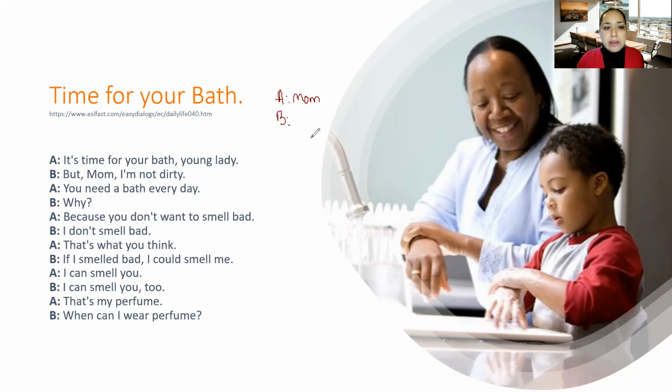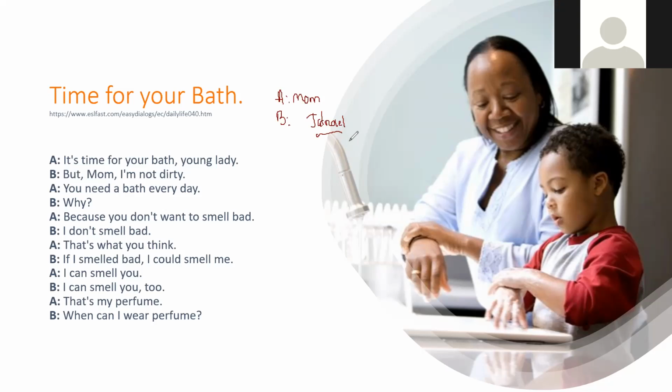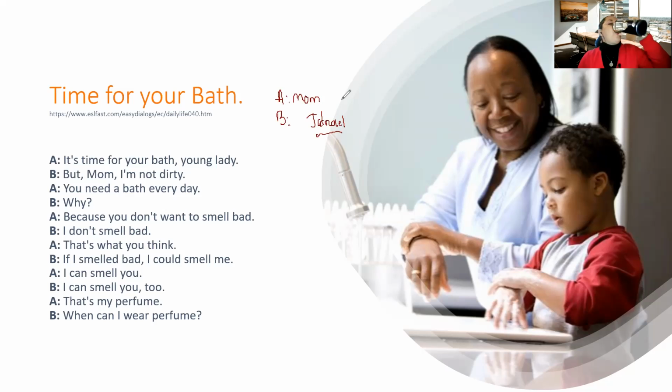Gabby was suggesting that B will be Hadnael. Okay, good. Gabby is suggesting that Asael could be A. That's fine. Or another person.